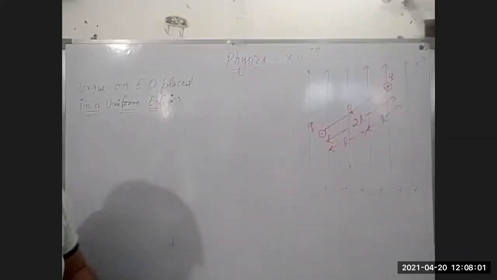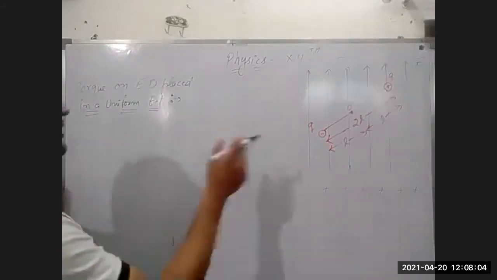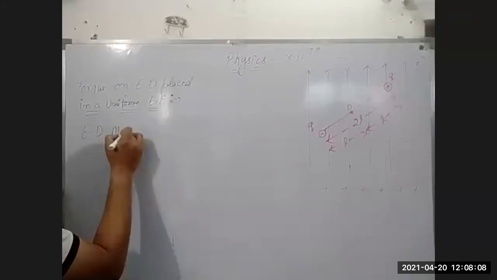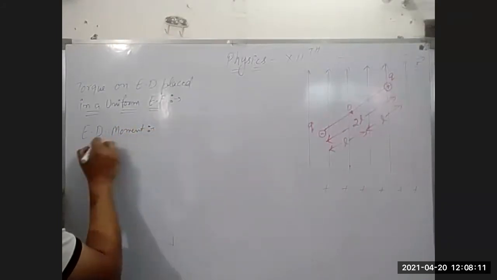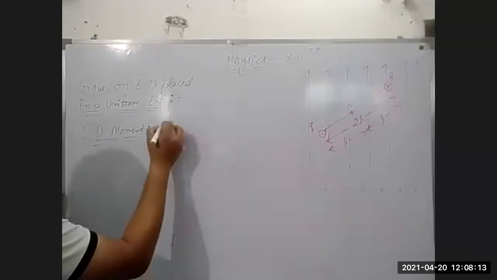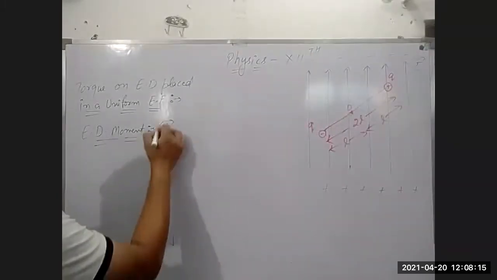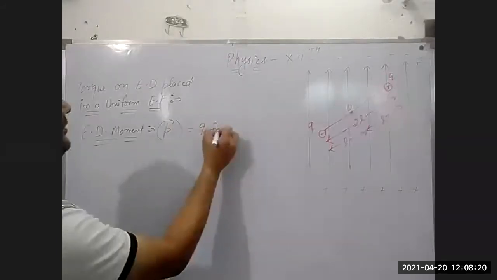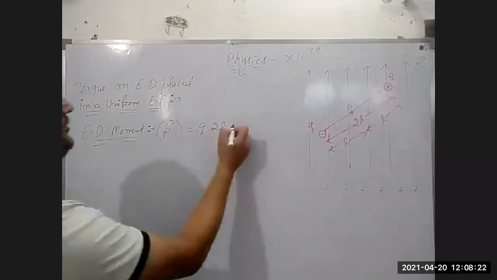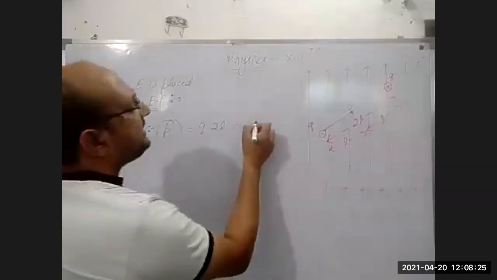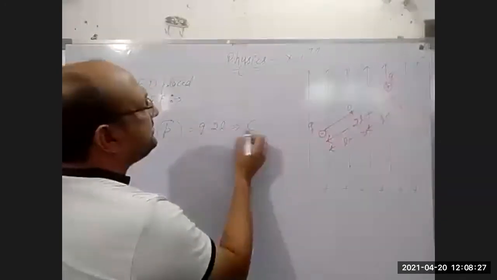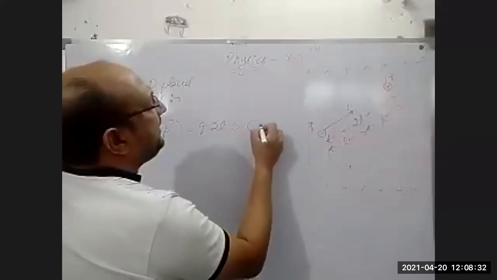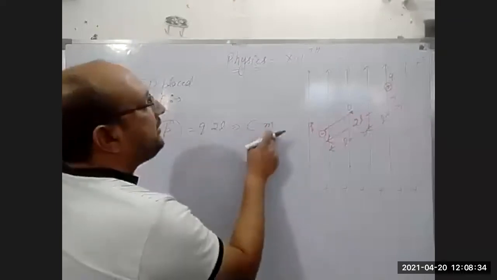Now the next thing is, what is electric dipole moment, how will you calculate it, and what is its direction? You know, electric dipole moment is denoted by P and it can be calculated by Q into 2L. The unit for electric dipole moment is coulomb meter. Charge is measured in coulomb and length in meter.